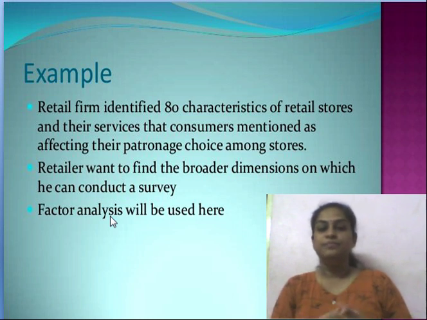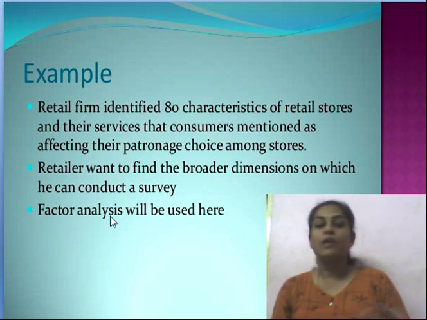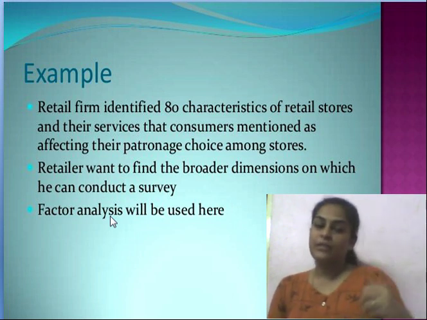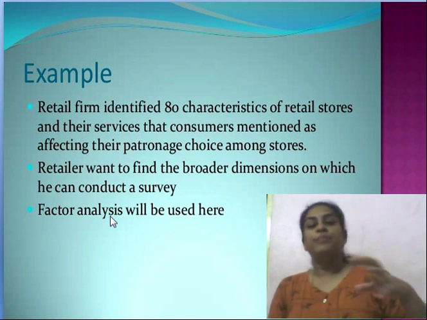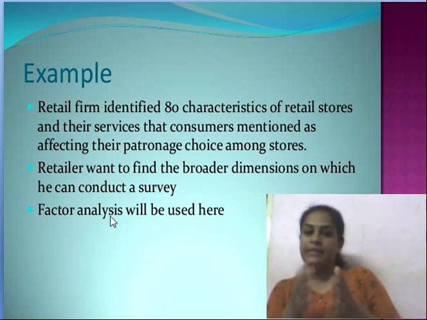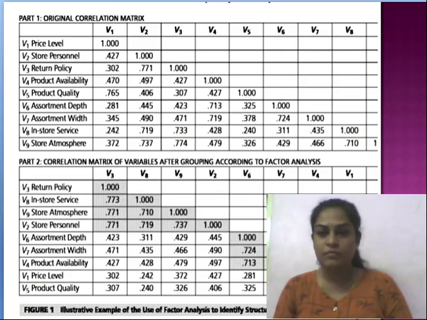Here the retailer wants to find the broader dimensions on which he can conduct the survey, and factor analysis will be used a lot here. That's why I told you very clearly that factor analysis and cluster analysis will all be helpful in such cases. These 2 methods, interdependence techniques, will be very helpful for analysis purposes.